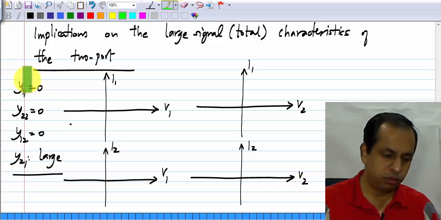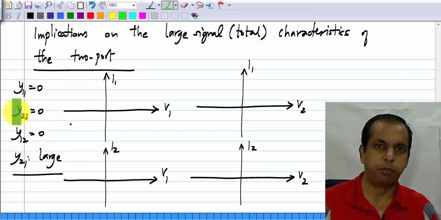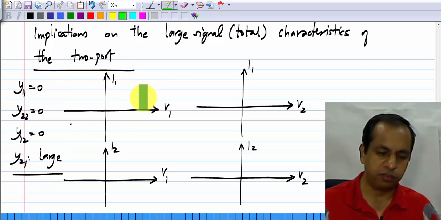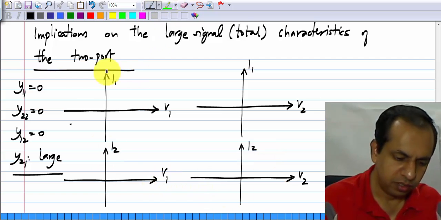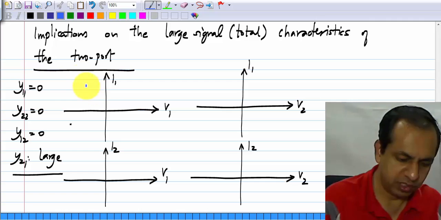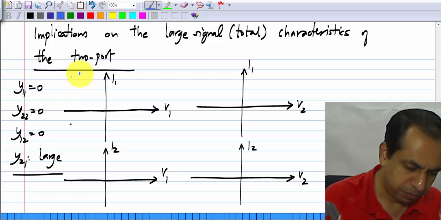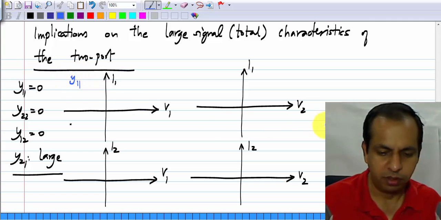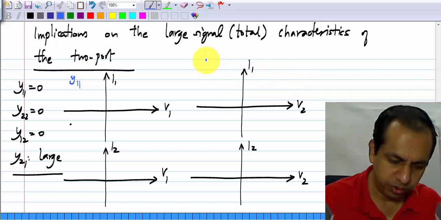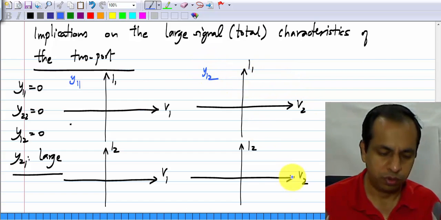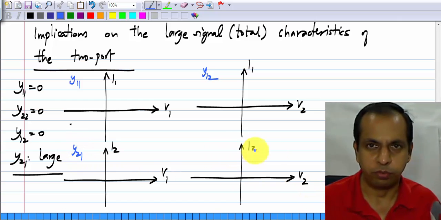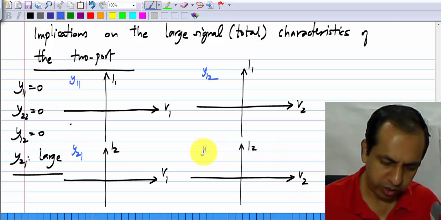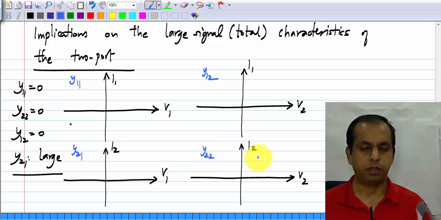Now, these small signal parameters are the slopes of these characteristics. Okay. For instance, the slope of I1 versus V1 is y11, slope of I1 versus V2 is y12, slope of I2 versus V1 is y21, and slope of I2 versus V2 is y22. Okay.